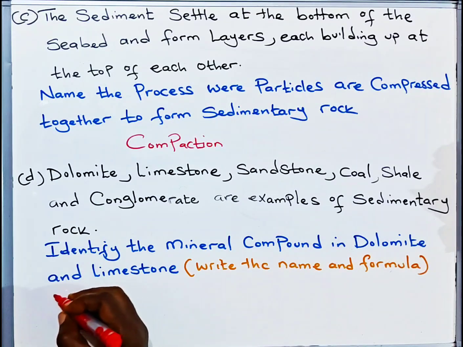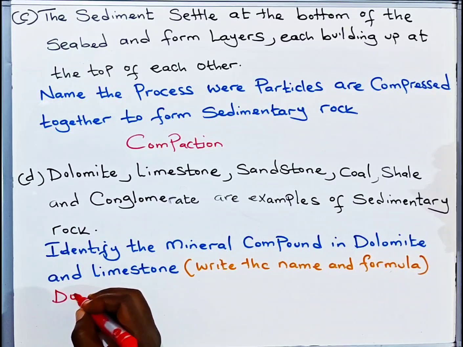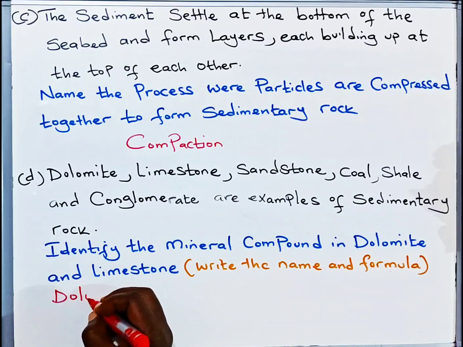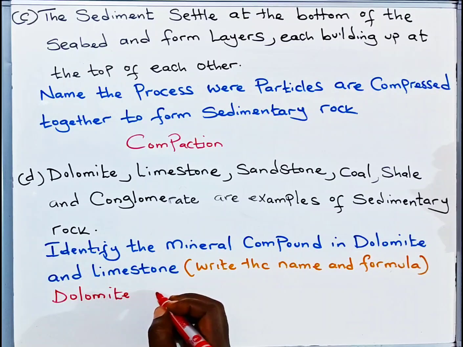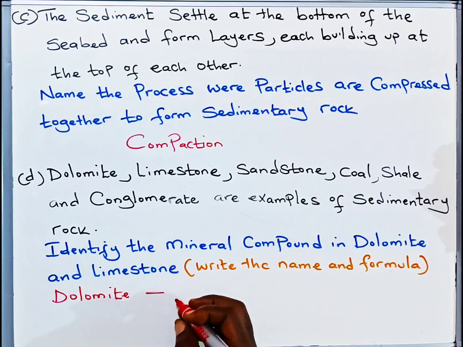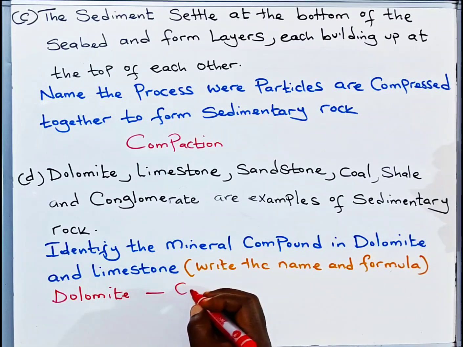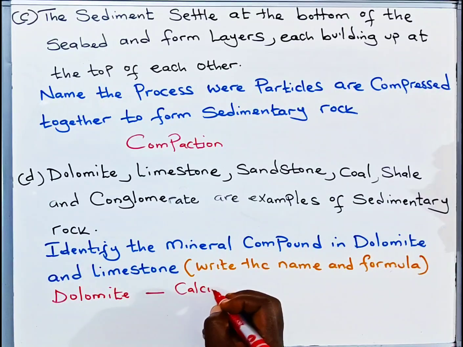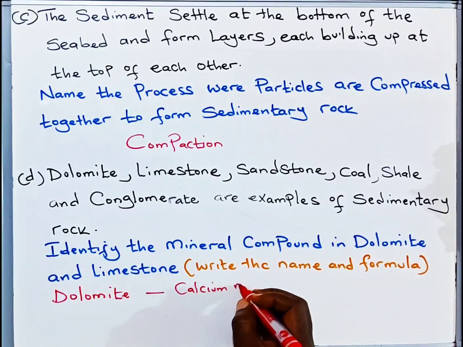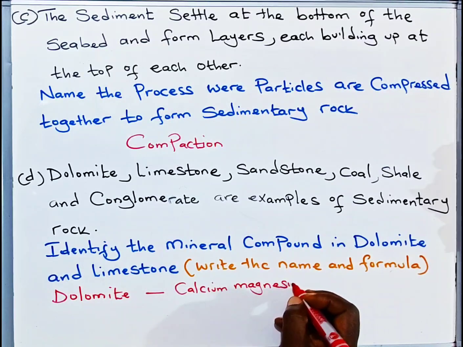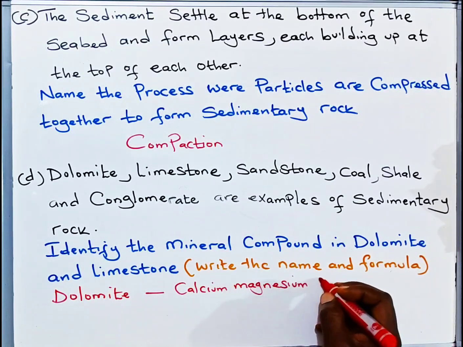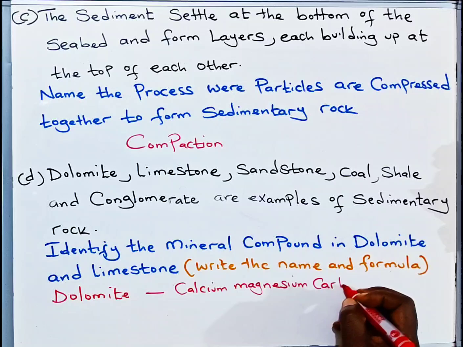What is the mineral content of dolomite? Dolomite consists of calcium magnesium carbonate.